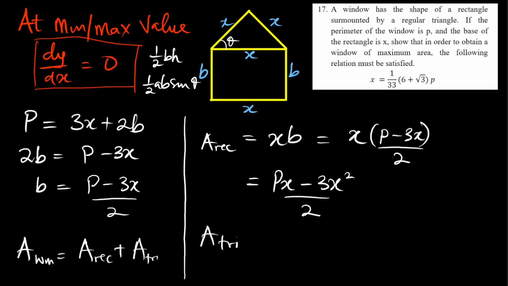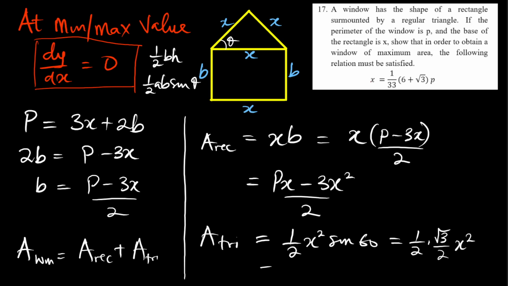So that is going to give us that the area of the triangle is 1 over 2 x squared sine 60. And what is sine 60? Sine 60 is root 3 over 2. So that's going to give us 1 over 2 times root 3 over 2 x squared.